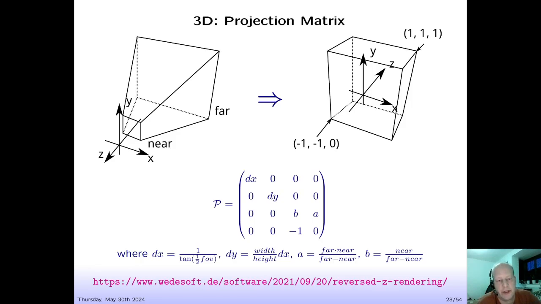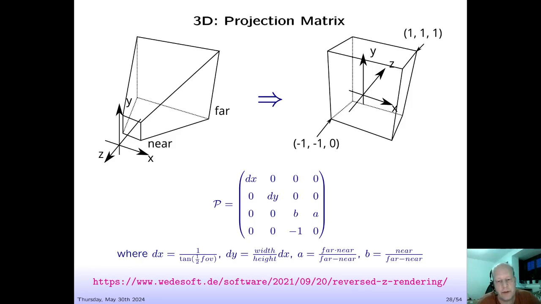Basically, we scale x and y depending on the field of view. So the smaller the field of view, the larger dx is, the more we need to scale up x. And y is similar to dx, but it's modified to have the correct aspect ratio.